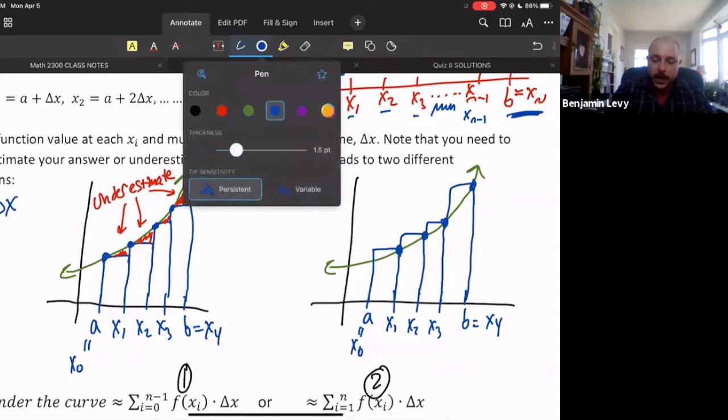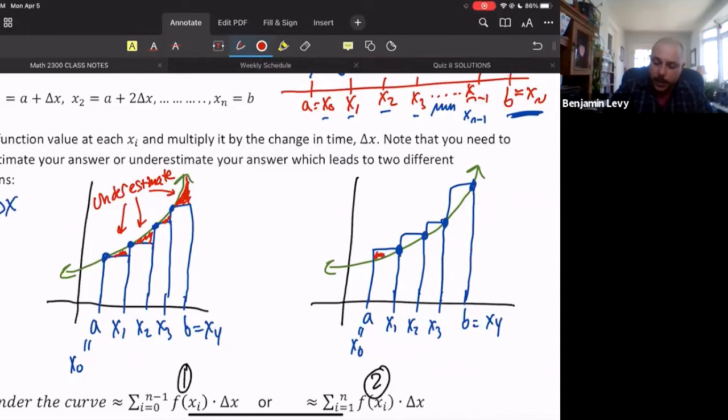So we still have error, right? Now the error is above the graph inside the rectangle. And so if we added up these rectangles, our estimate would be too much. This would be an overestimate, or the other one is an underestimate.